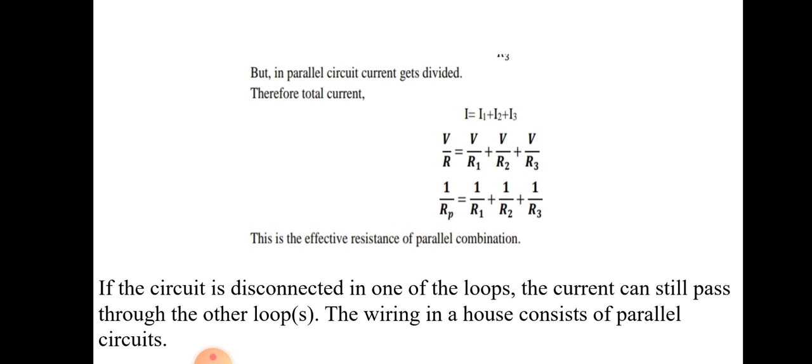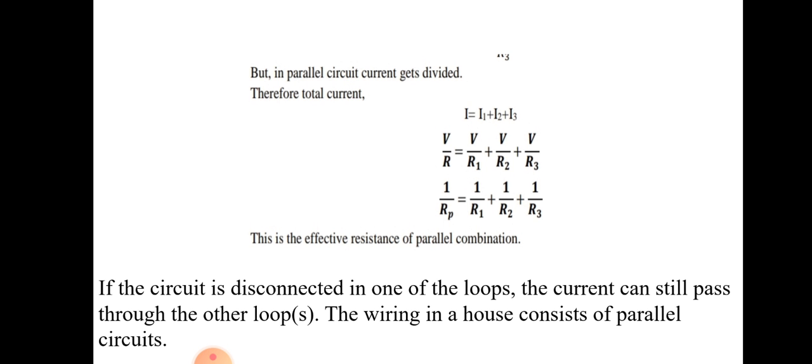Okay, so what will happen if one of the resistors connected in parallel combination will not work? If the circuit is disconnected in one of the loops, the current can still pass through the other loop. So यहाँ पे आपको ध्यान में रखना है कि अगर एक लूप अगर कोई उसमें डिस्कनेक्ट हो भी जाए तो that will not affect the other loop.